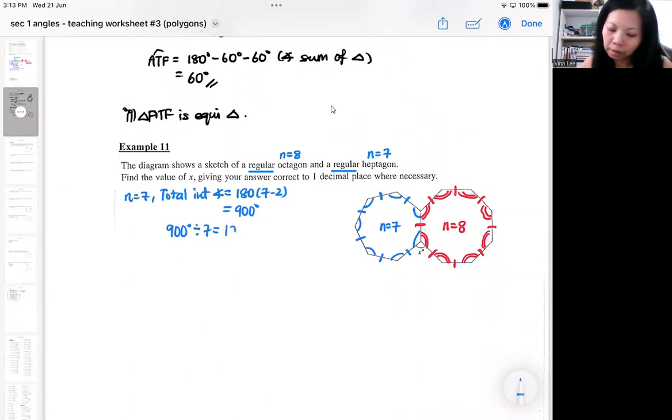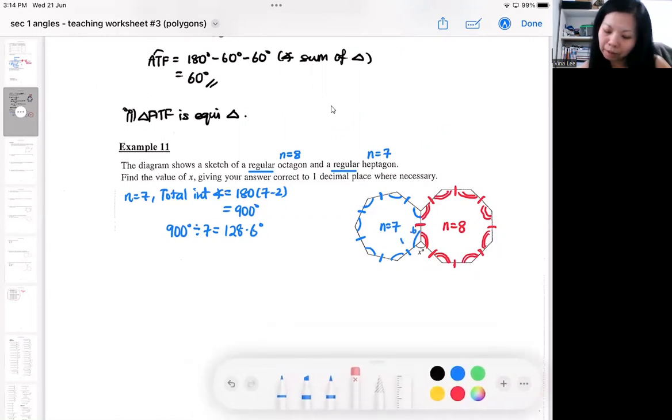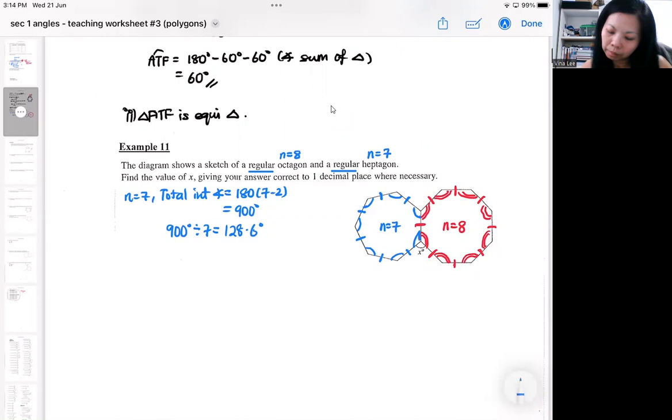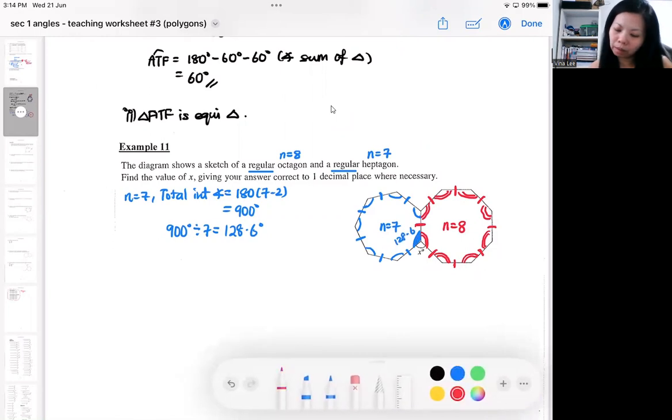So it's not a very nice number. So you can correct to 1 decimal place. So this is 128.6. So each of the blue color interior angle is 128.6. So here is 128.6. And then I'm going to find the red color one.